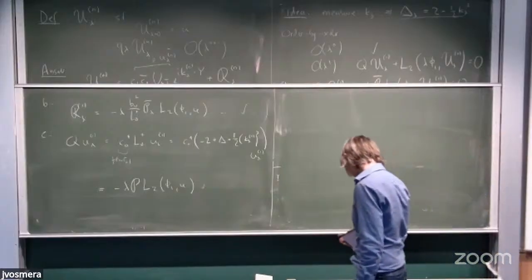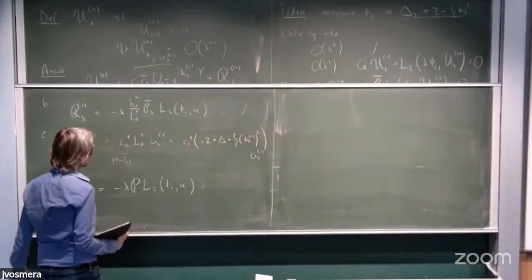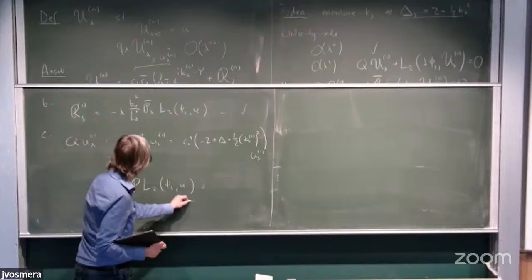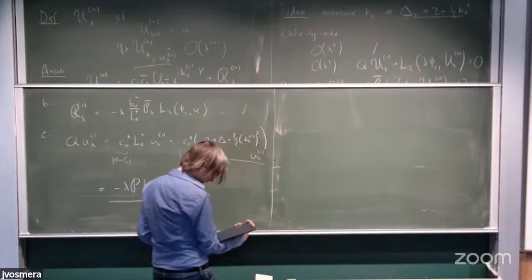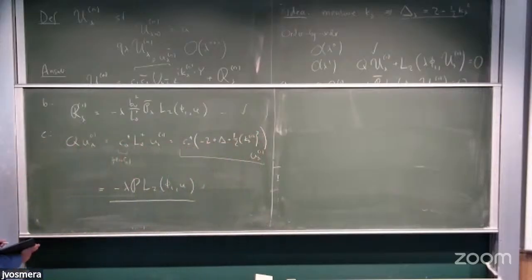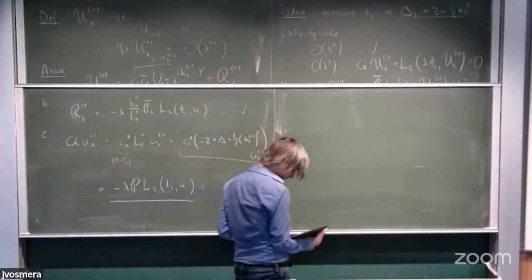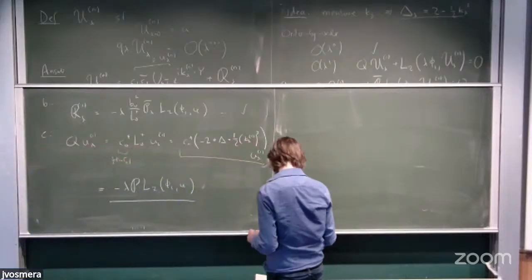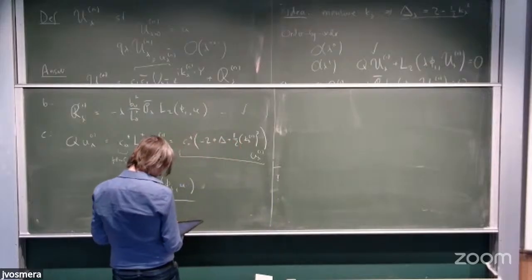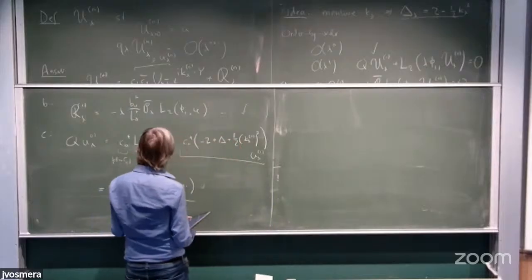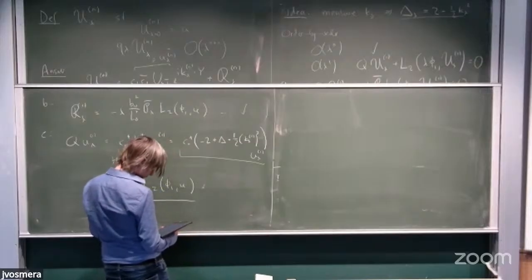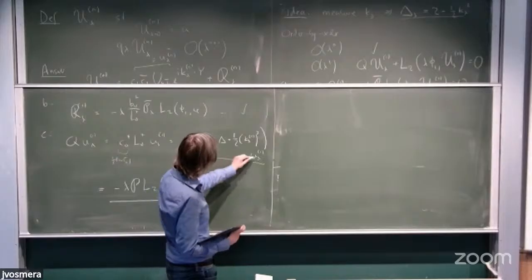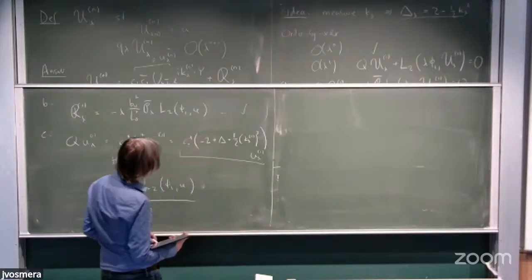So the best way to proceed here is to just take this equation, this right-hand side and this left-hand side here, and compute an overlap of that equation with u. If we do that, let me outline what happens. First of all, one thing to notice is that we can replace this u lambda 1 with just u.